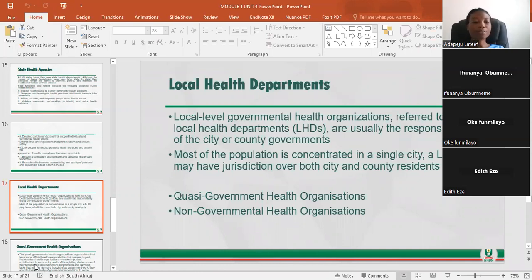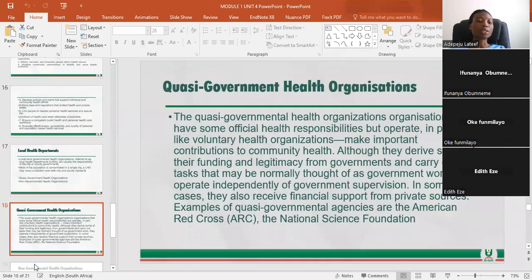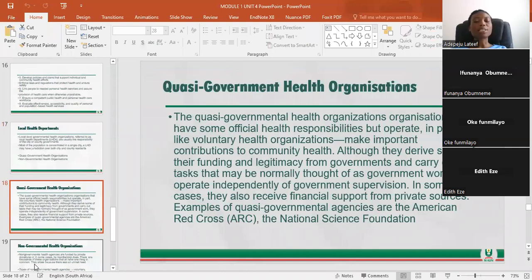So before we leave class today, we've looked at the international body and also the national body, but within the national body, we also have states. We also have other bodies under the national body. Take for instance, we have a lot of non-governmental agencies that are supporting the public health agenda or community public health agenda. True or false?